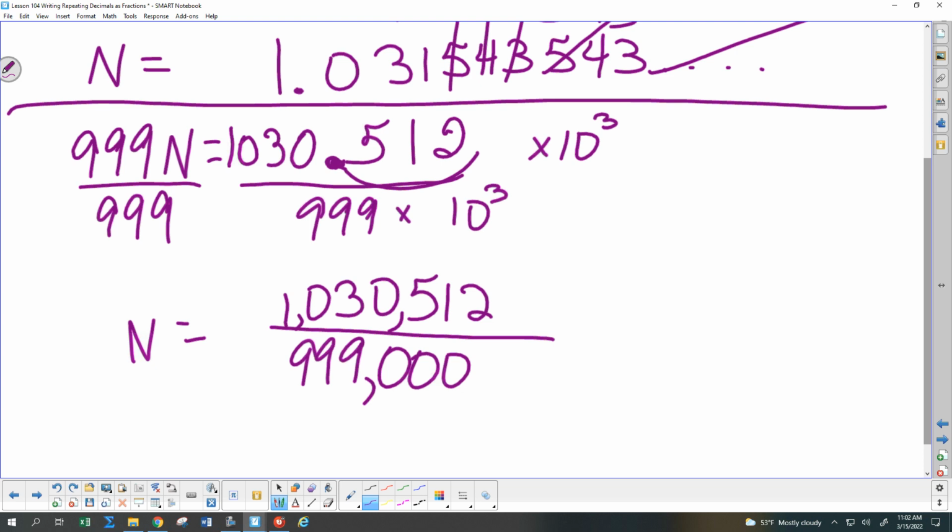How do I know it can be reduced? Bryce, how do I know it can be reduced? They're both even numbers. Let's do it the easy way. Type in 1,030,512 divided by 999,000 and see how much the calculator reduces it.